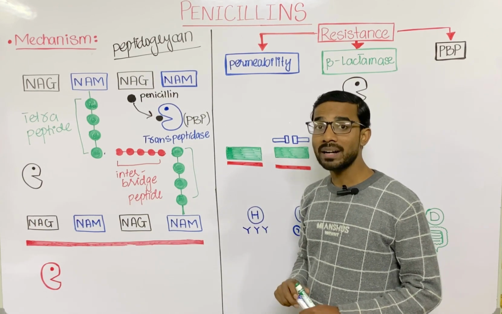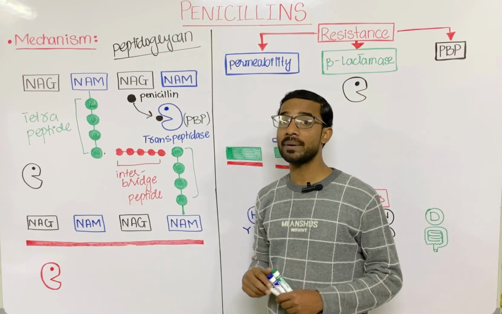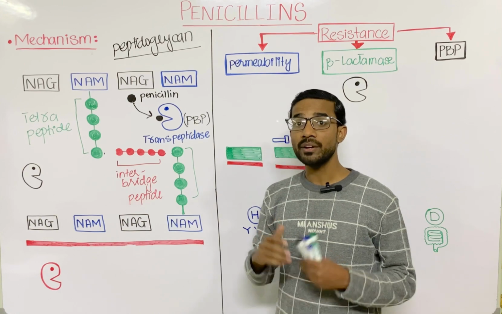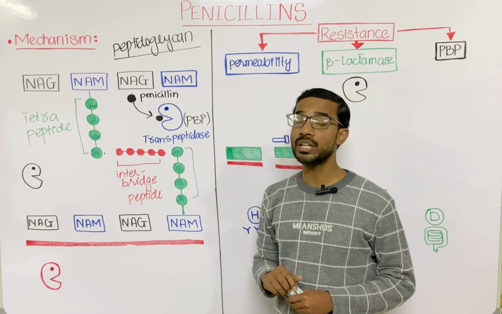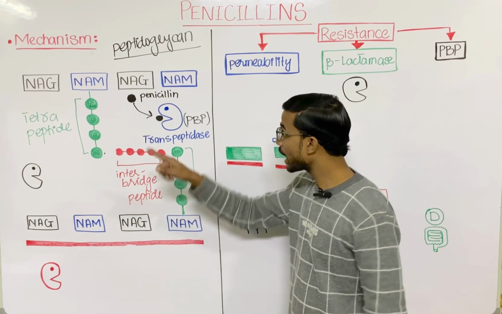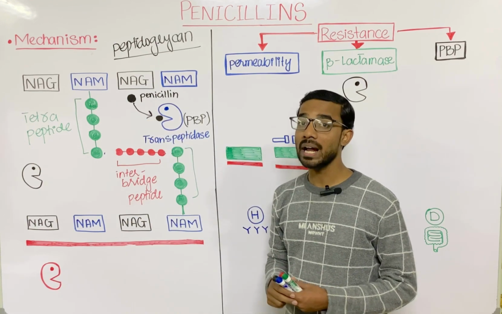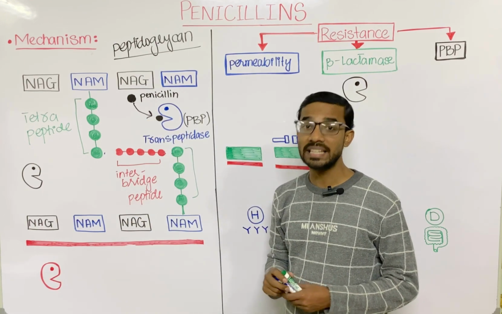Okay, but bacteria will develop resistance against the penicillin. How? Bacteria, with the passage of time, start developing an enzyme that will destroy the penicillin, and that enzyme is the beta-lactamase, or you can say penicillinase.